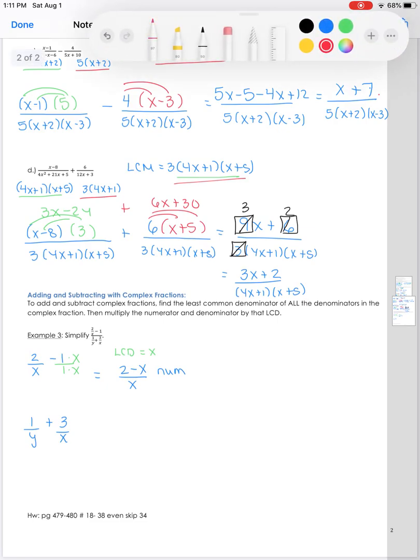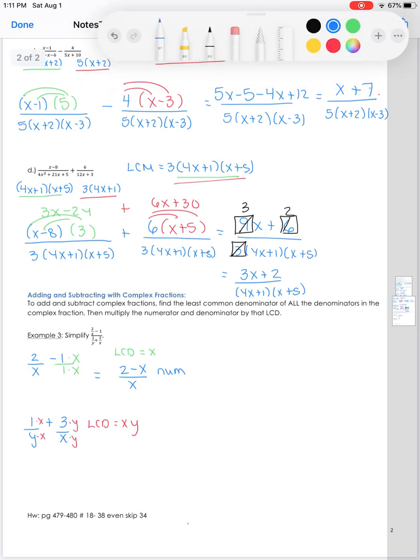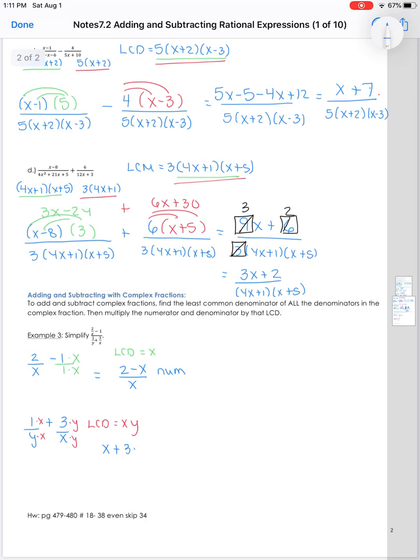That's my numerator. I'm going to do the same with the denominator. So my denominator, my LCD is x times y. Well, here I need an x, and here I need a y. So I get x plus 3y over xy, and that's my denominator. And then it's telling me I'm dividing them. So what I'm going to do is write them horizontally.